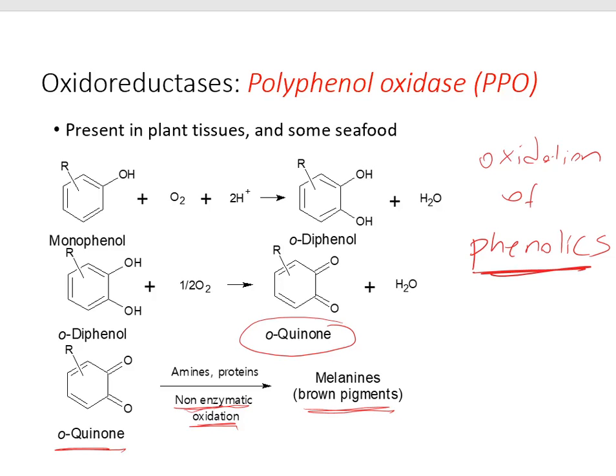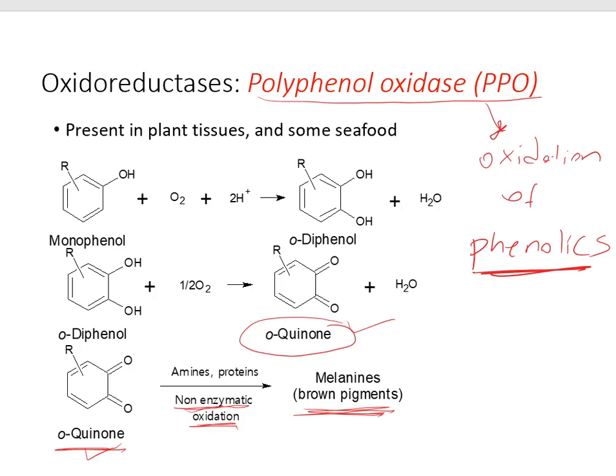So polyphenol oxidase only catalyzes oxidation of phenolics. The end product is quinones, and then these quinones spontaneously turn into melanins, brown pigments. So polyphenol oxidase is not acting on quinones, it only oxidizes the phenolics. Okay.